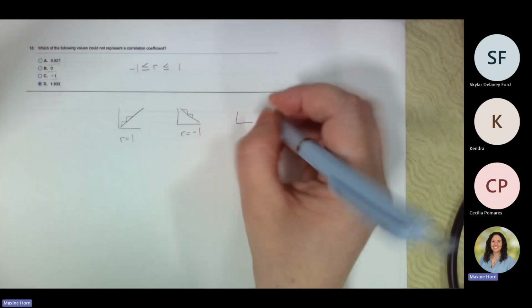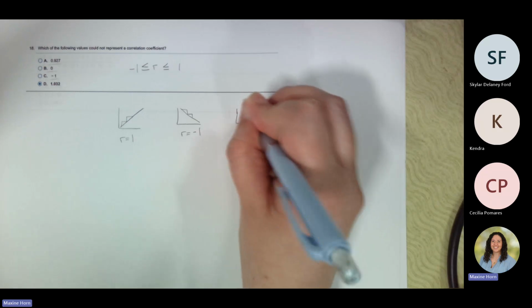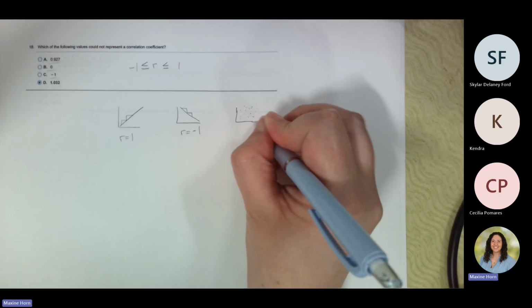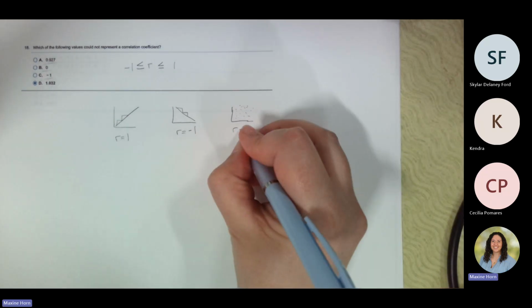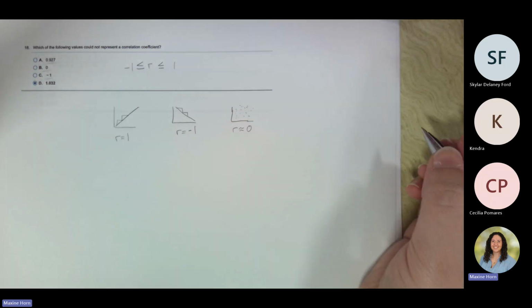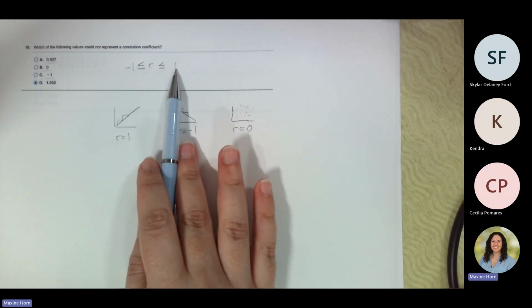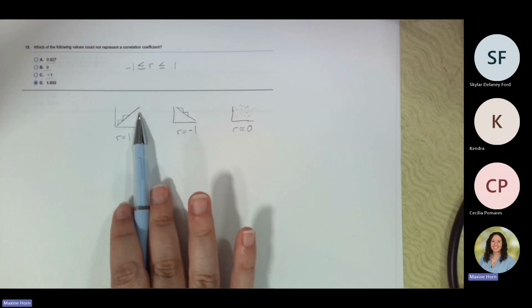If you've got a bunch of dots that are just all over the place, then there's really not much correlation, right? So your R might be kind of close to 0. So the closer you get to 1, the closer you are to having a really strong positive correlation.